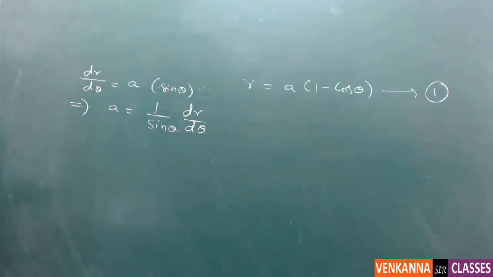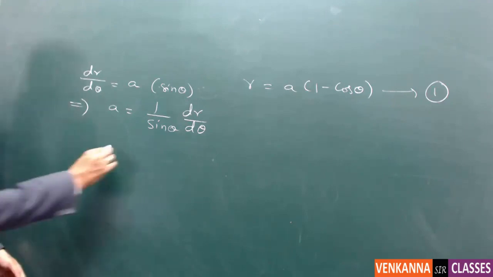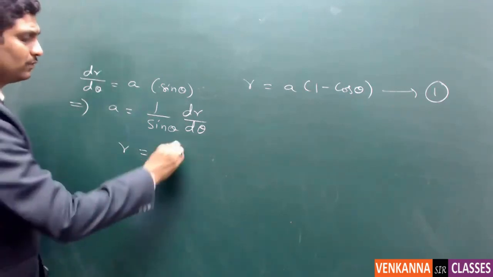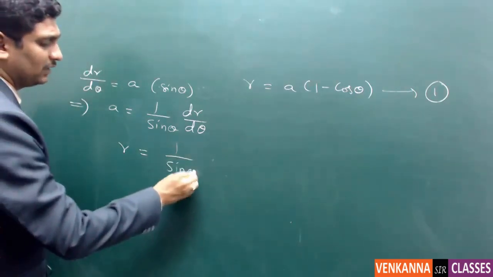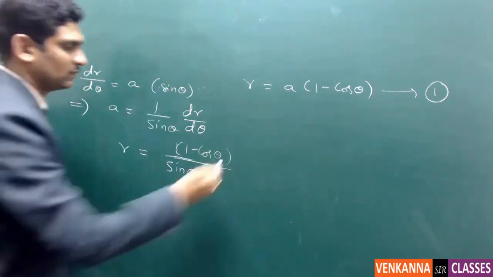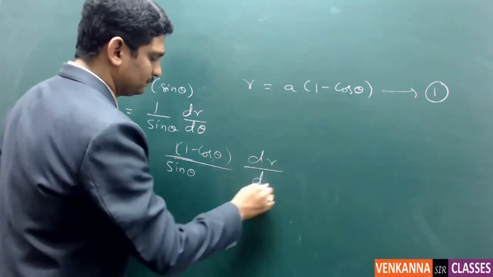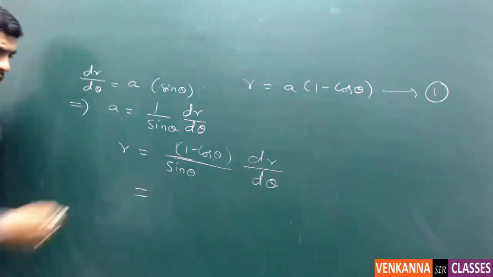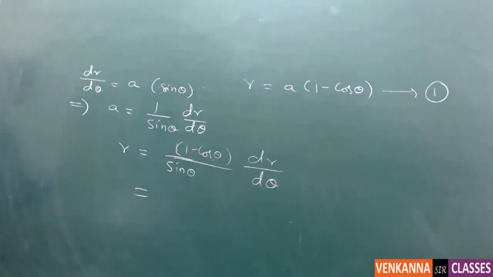So if you substitute the value of A in the given equation, we have r is equal to 1 by sin theta into (1 minus cos theta) into dr by d theta. We are going to simplify this.